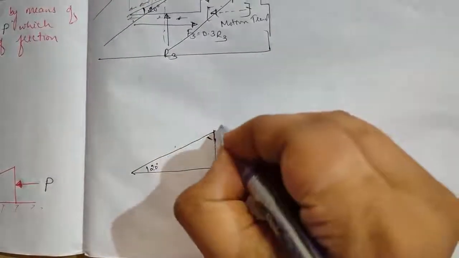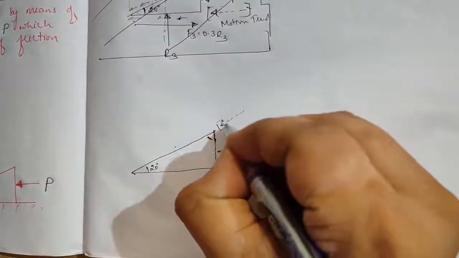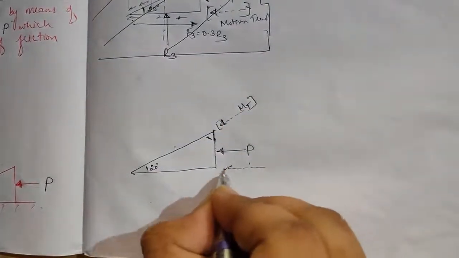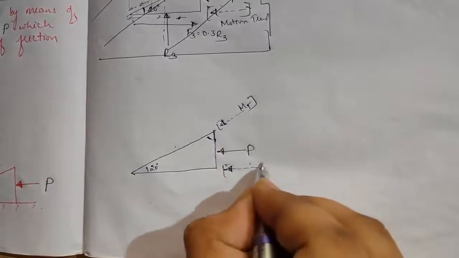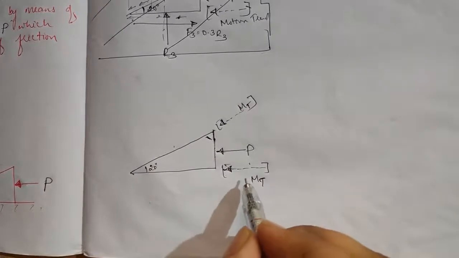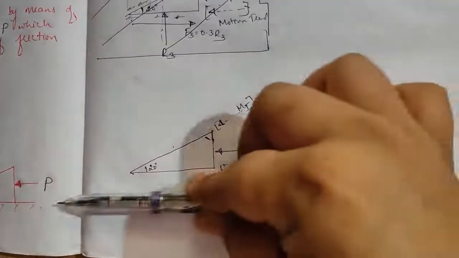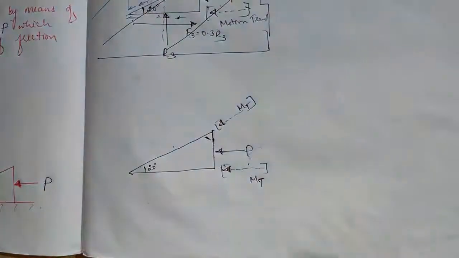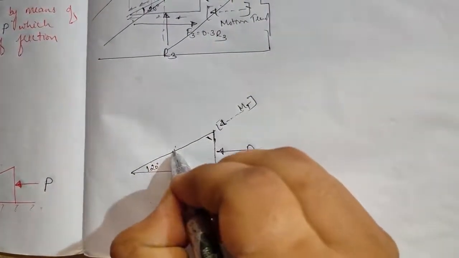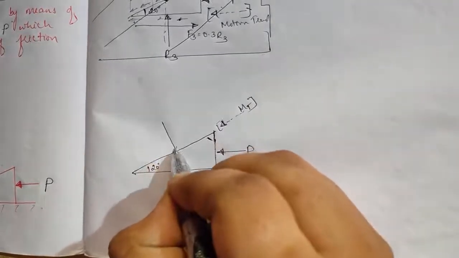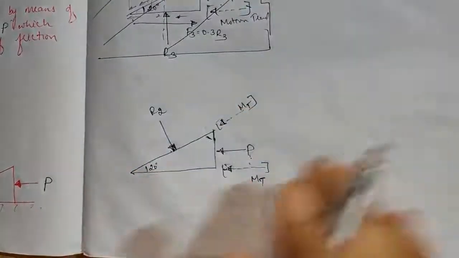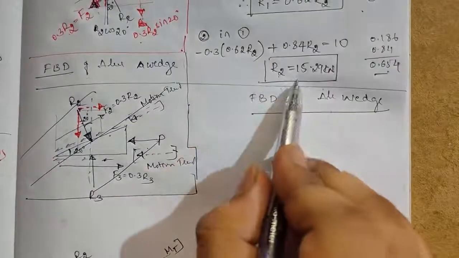So the motion trend will be inside, in this direction. This is also a surface where a body is there, so perpendicular to this surface another force will act, that is R2. This R2 we found here.